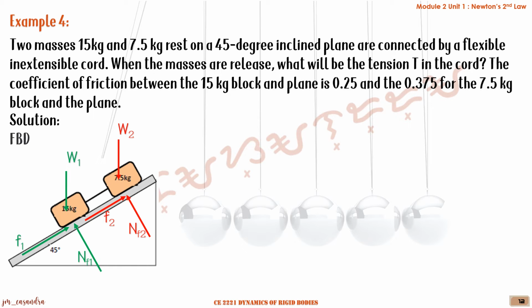And aside from that, we also have the tension between the two objects. So for our solution, we start off first with our first block. So we have for the 15 kilogram block.